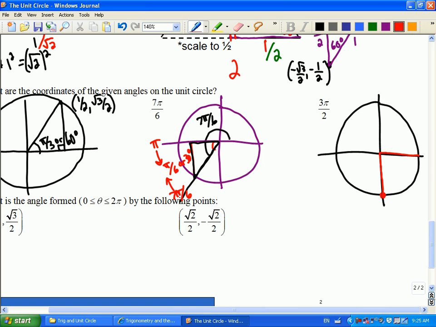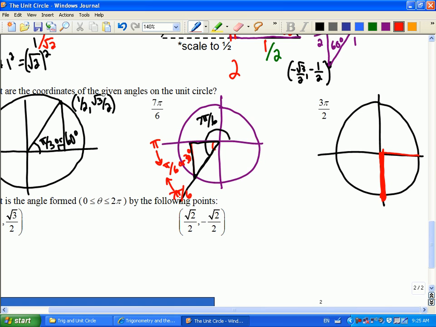There's no triangle there, because I have to make an angle between this point and the x-axis. So when I do that, I end up with a flat line. So are we stuck? How would I figure out what the coordinates are here?